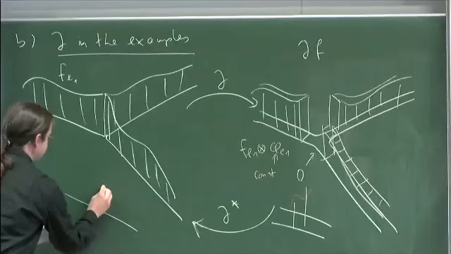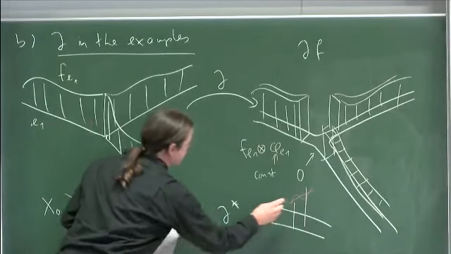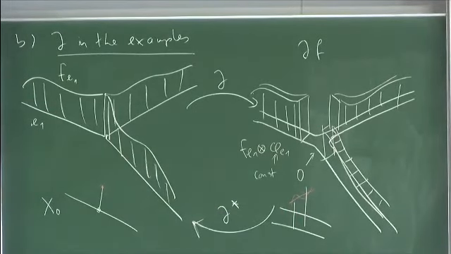So just take the average here, so this is just the coefficient of the constant eigenfunction. You could call it transversal average.